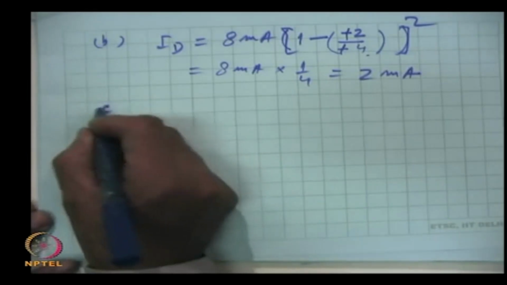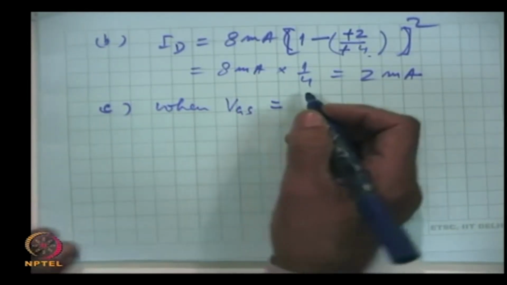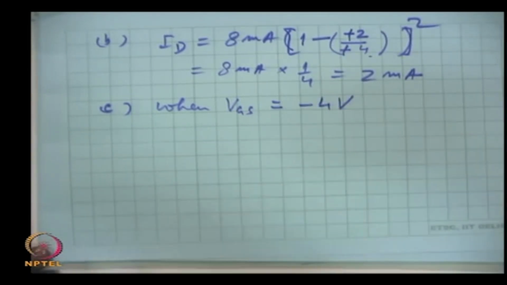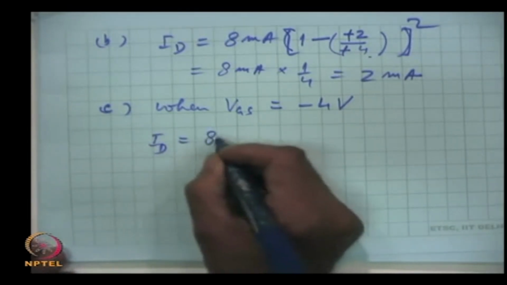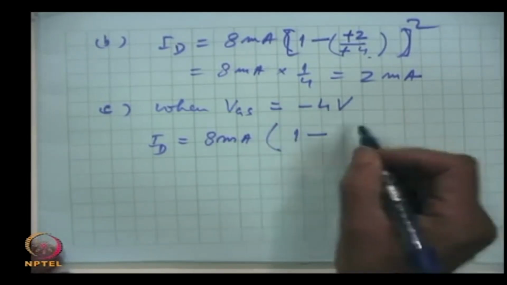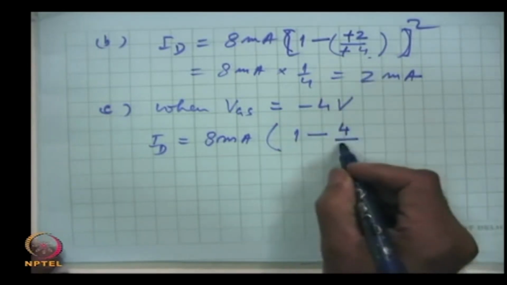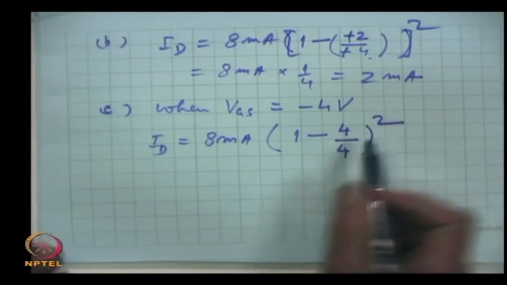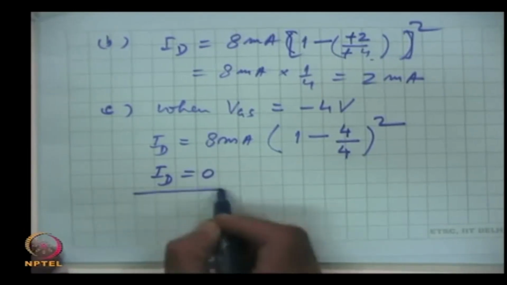And then C, when VGS is equal to minus 4 volts, then ID will be 8 milliamperes by 1 minus, I am just substituting the magnitude 4 and Vp is also 4, this is square, and that makes ID equal to 0.